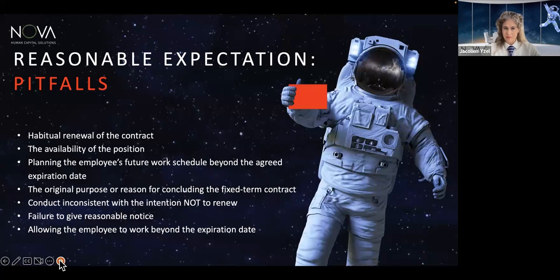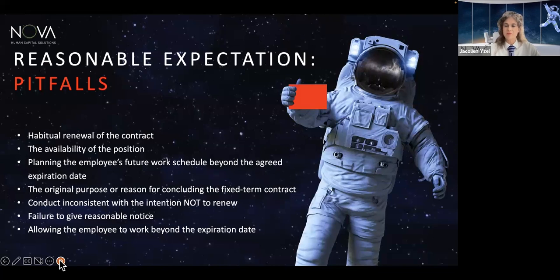And when these things sometimes transpire is, you've got this receptionist, she's great, you keep renewing the contract, she's very reliable, and then the boss's uncle's daughter needs a job, and then she gets this job. This is typically where the habitual renewal will be a big pitfall.